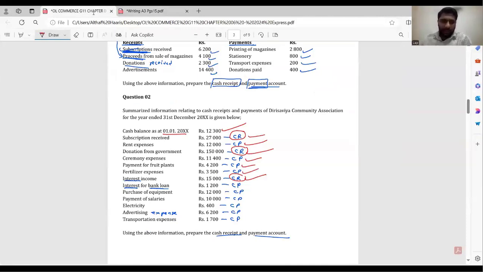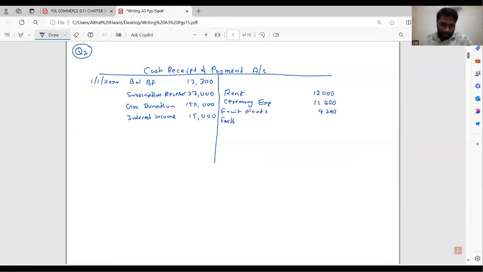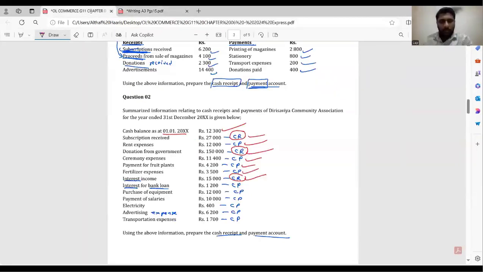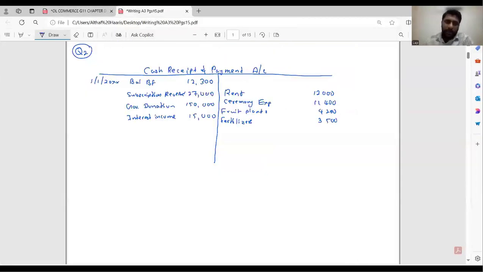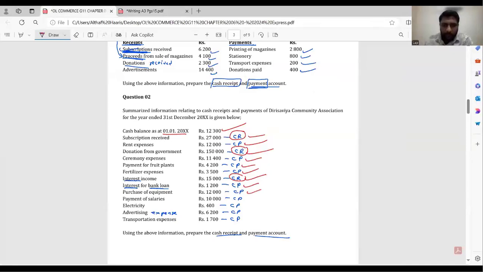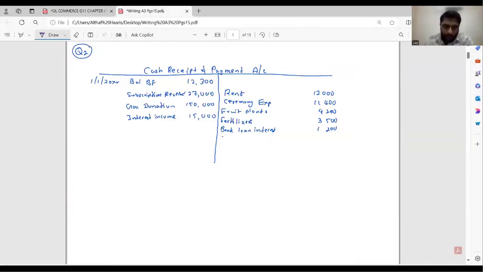Fertilizers 3,500. Bank loan interest 1,200. Purchase of equipment 12,000.